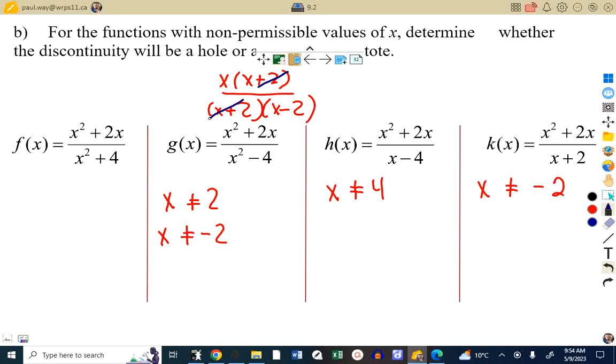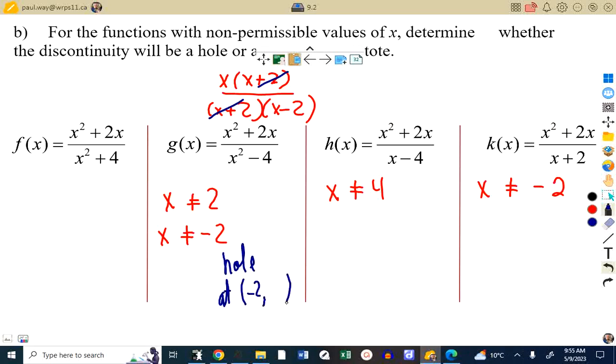The factor x plus 2 cancels, and the non-permissible value that came out of x plus 2 was negative 2. So the rule is that we are going to have a hole at negative 2. We'll get to the y coordinate in a bit. The x minus 2 does not cancel, and that means we have a vertical asymptote at x equals 2.